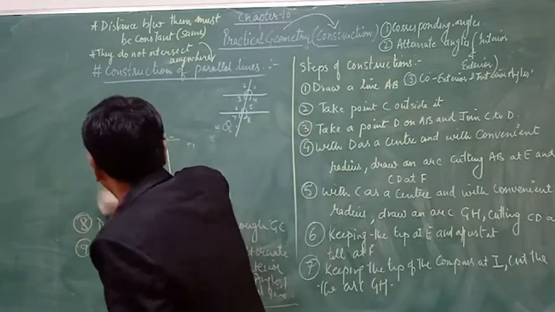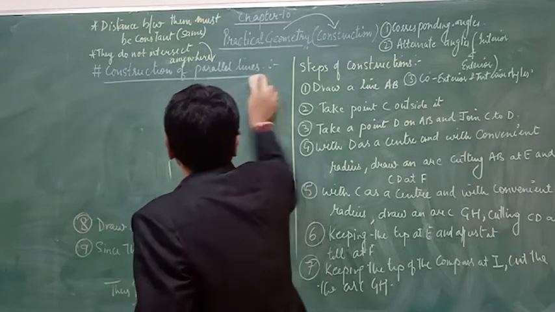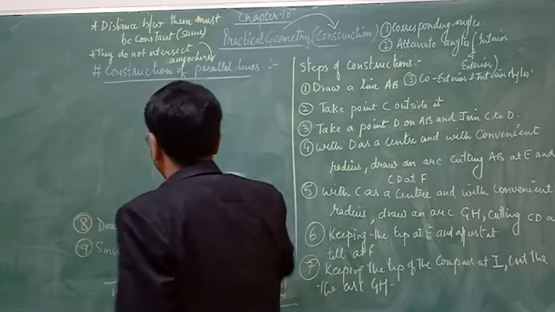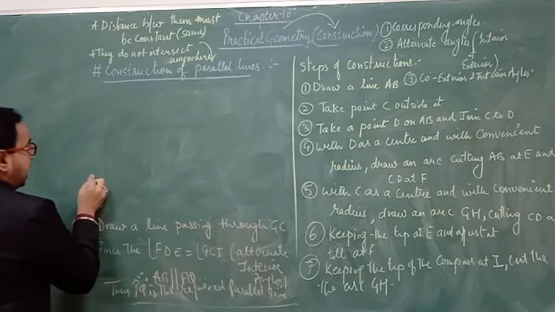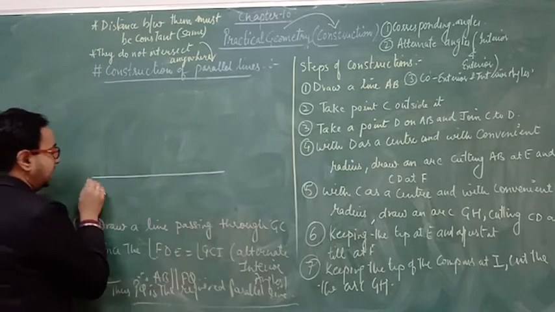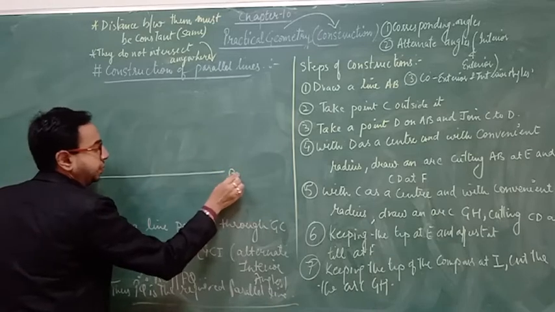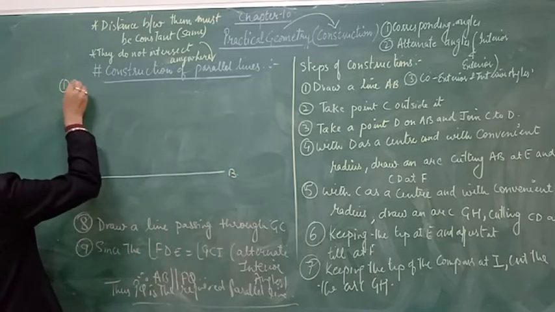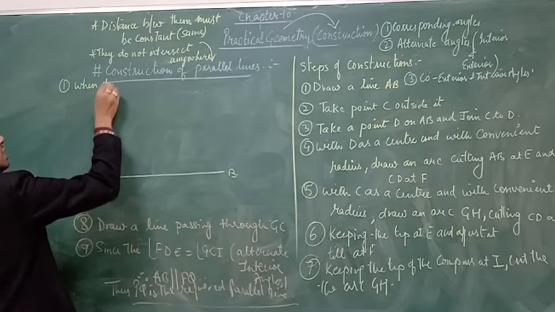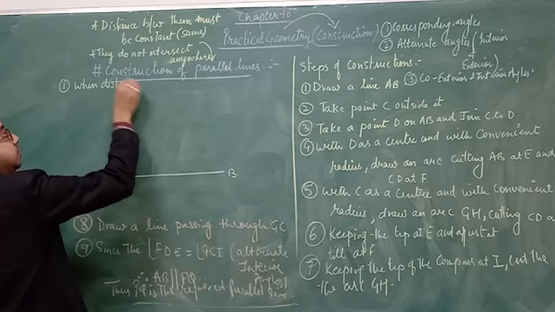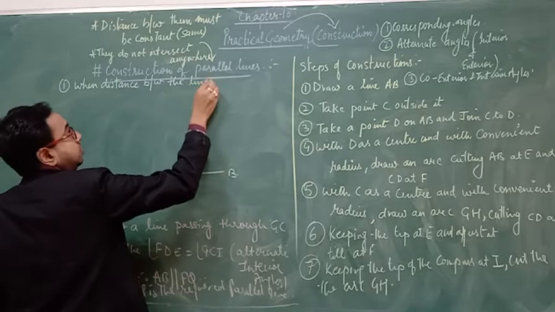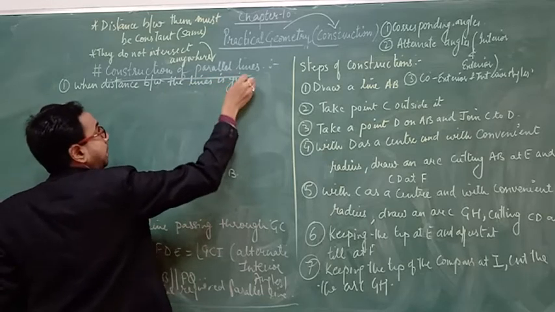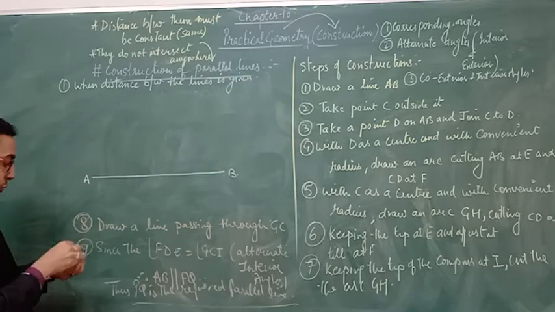Just observe that type of question. For example, again the same line AB, or whatever line is given to you. I am telling you when the distance is given. Clear? Now understand how to do it.